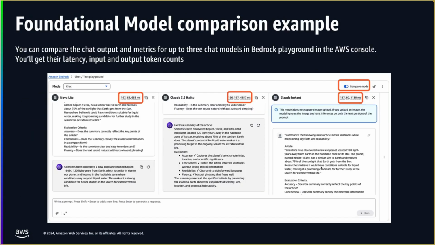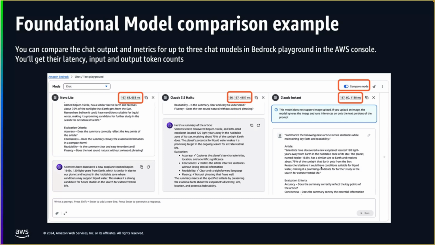Now, what tools do you have which can help you choose the right model? First, to get started, you can use Chat Playground in Bedrock in the AWS console. In Playground, you can use one prompt and compare the answers across up to 3 different models.